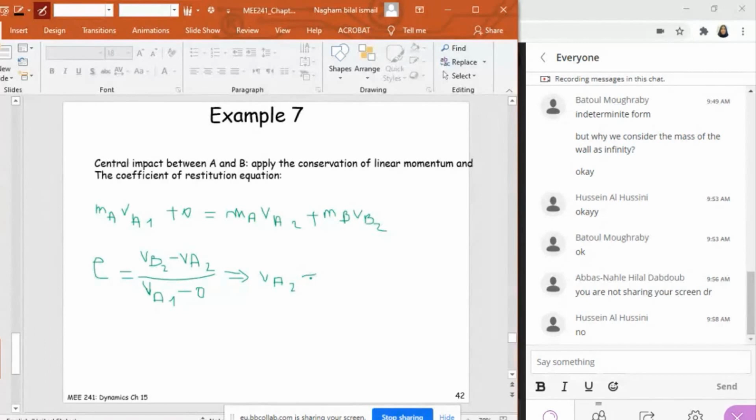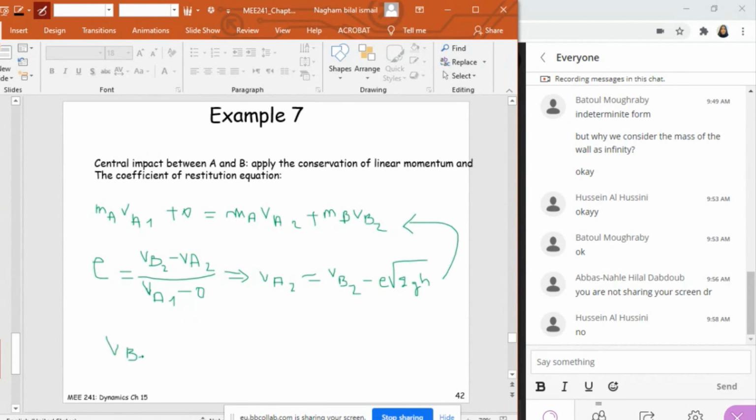So I can find VA2, and then VA2 will be equal to VB2 minus E radical 2GH. And then, guys, I can substitute this equation right here to find VB2, right?